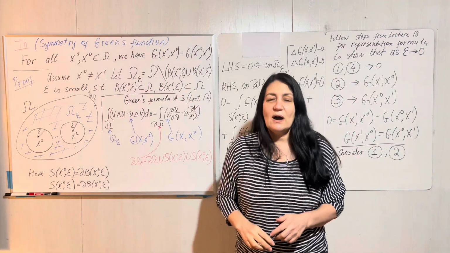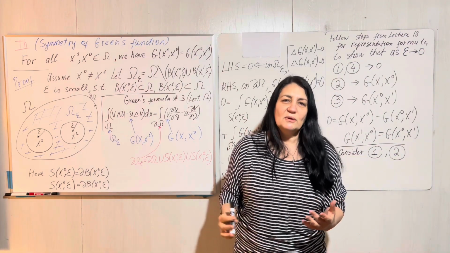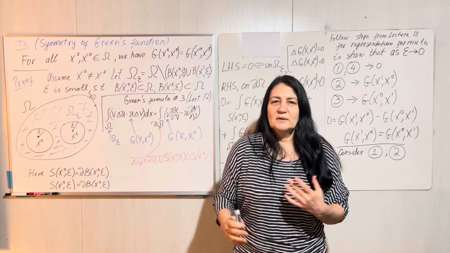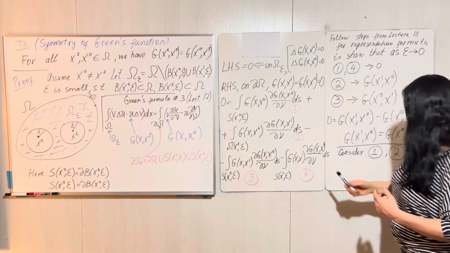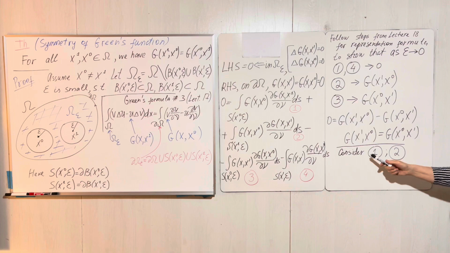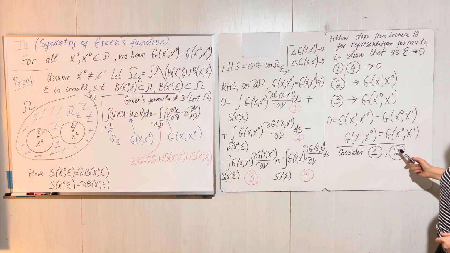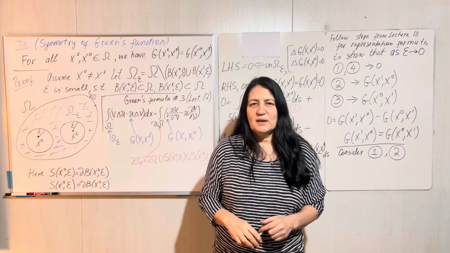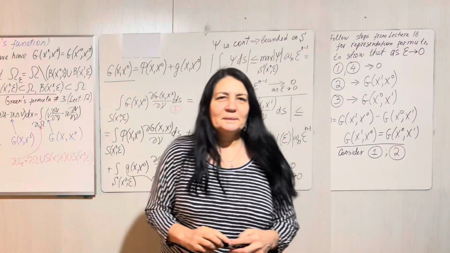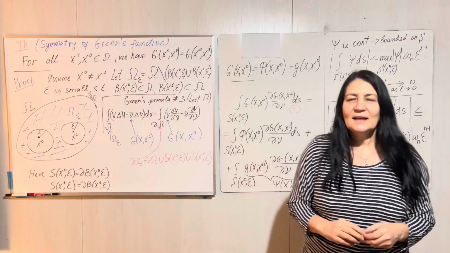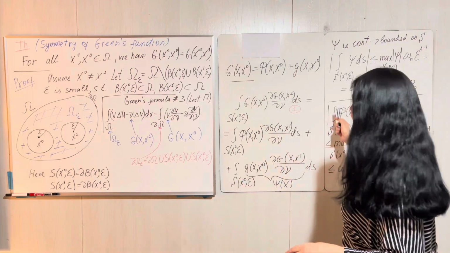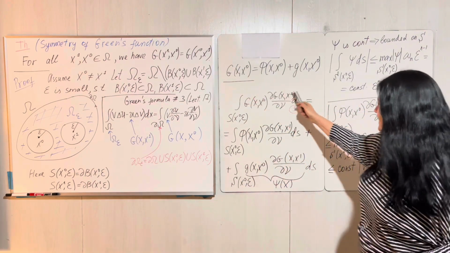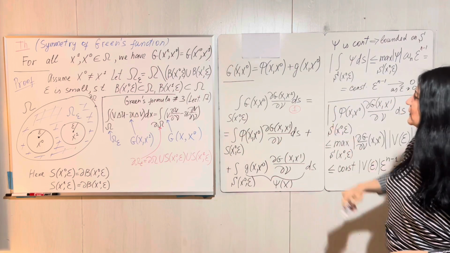So now I will remind you how to do the proofs, how to show these steps. I will consider integrals number 1 and number 2, because 3 and 4 can be computed the same way. I erased everything here, just left integral number 1.